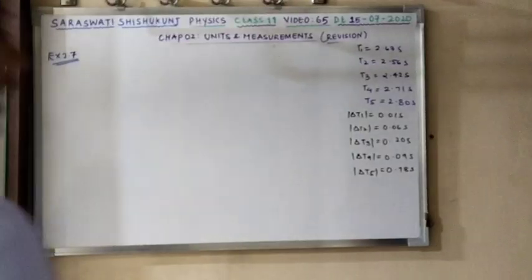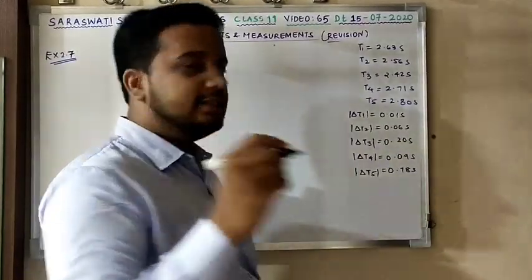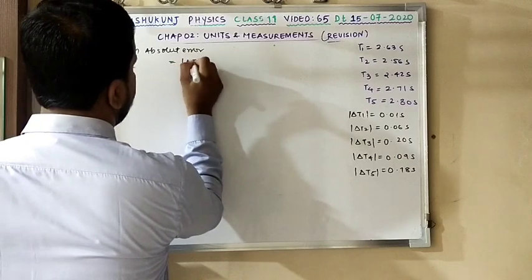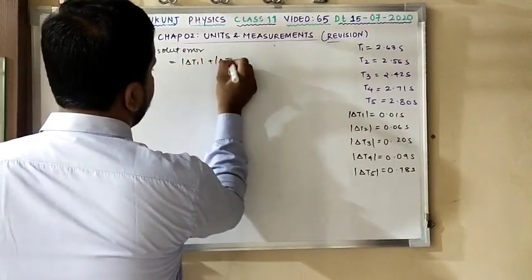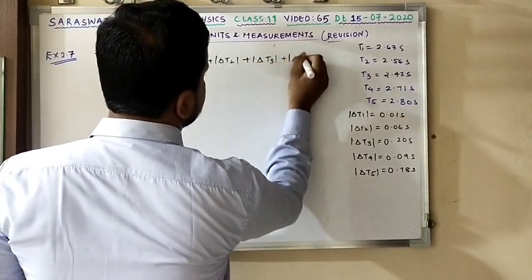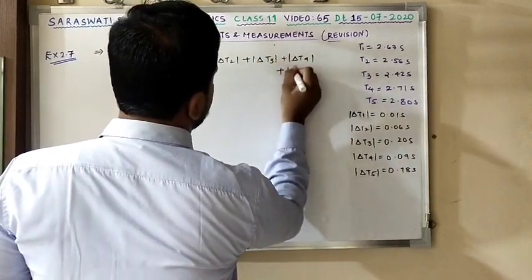So I am going to calculate now your mean absolute error, and for that I am going to write the modulus of delta T1, T2, T3, T4 and lastly T5. Is this clear?